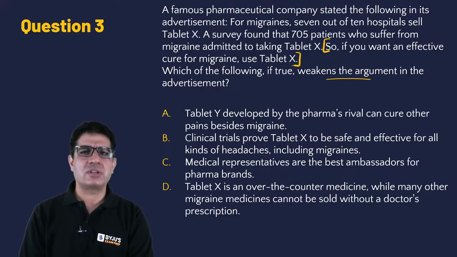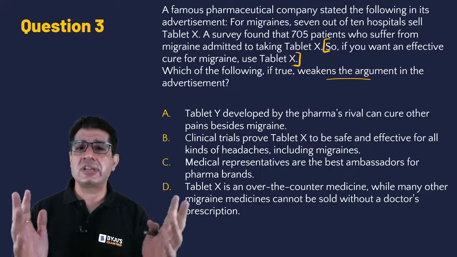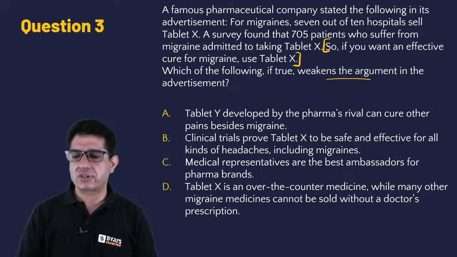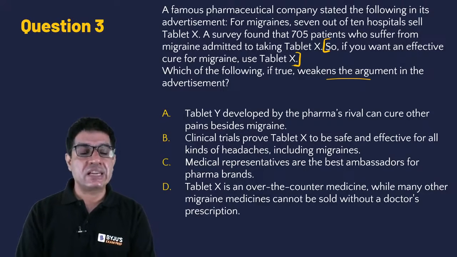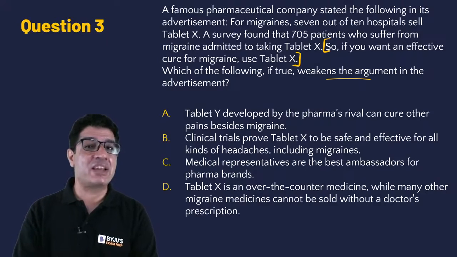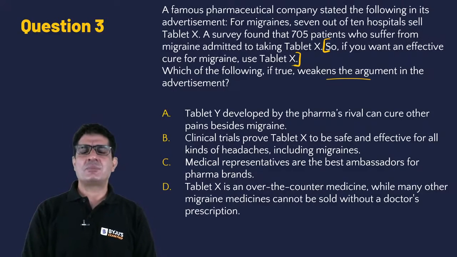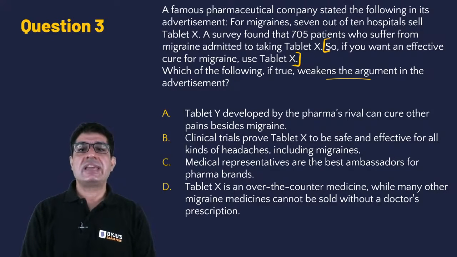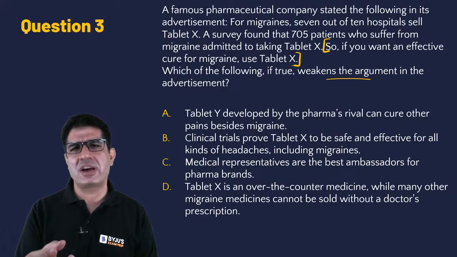You see an assumption here. Assumption number 1, 705 patients is a sufficiently large number to arrive at the conclusion. Assumption number 2, all those people were taking tablet X for their migraines and not for something else which was associated. Assumption number 3, they asked for tablet X. You know, there are times when we go to a chemist, we say, yaar bukhar ho gaya, koi dawai de do yaar.